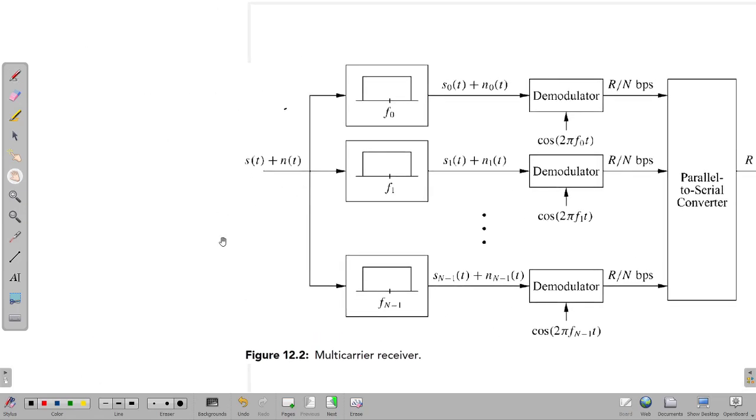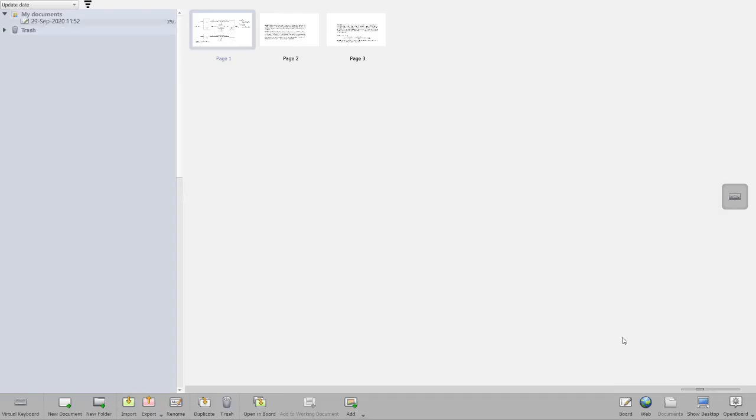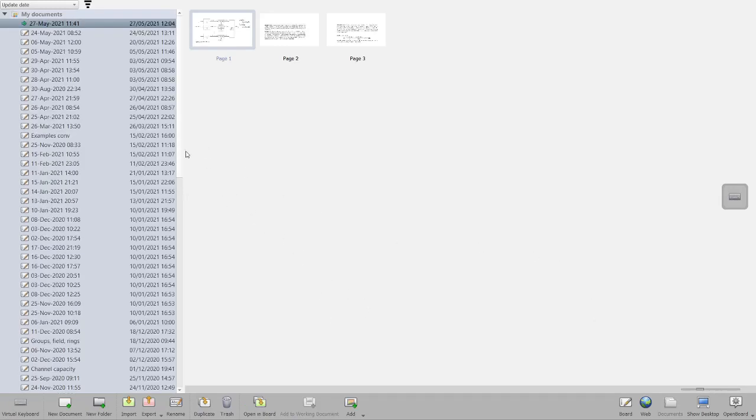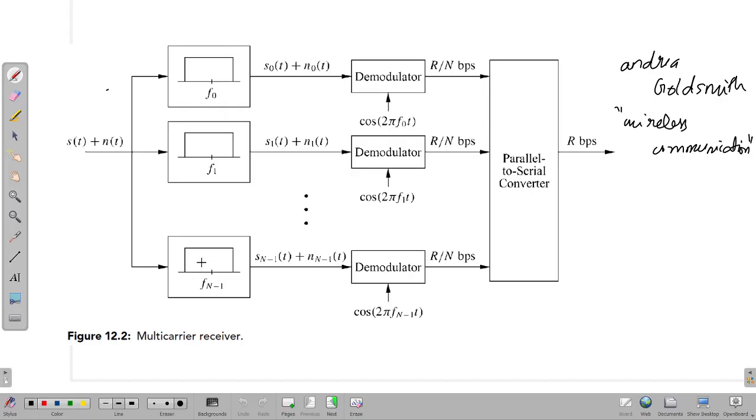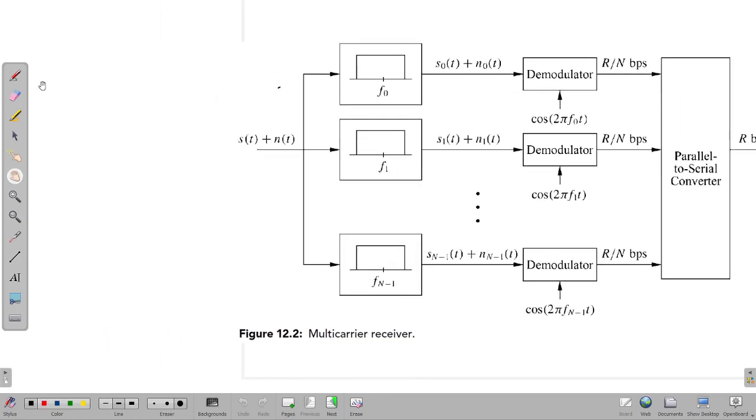Regarding the transmitter, let me just take the transmitter. On the transmitter side, you had multi-carrier, which means you had different subcarriers which were non-overlapping.